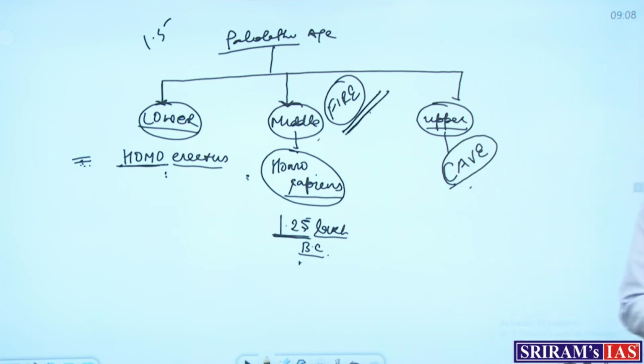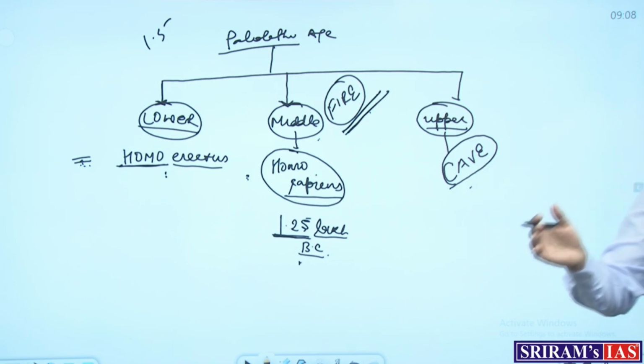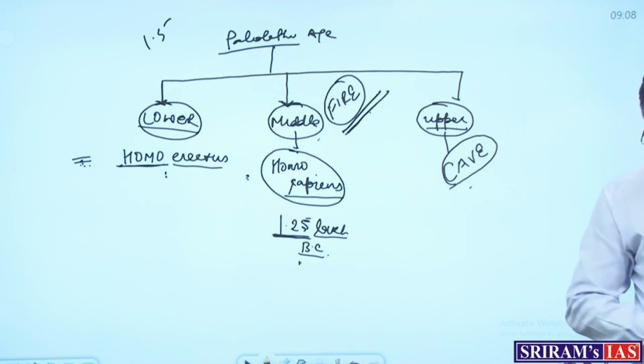So cave shelter had started in Upper Paleolithic age, around 10,000. So habitation had changed. So now they started searching for natural caves. The cave was already there, just to make it habitable.